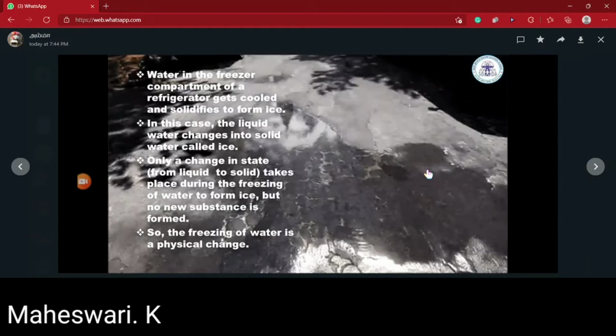In this case, the liquid water changes into solid water called ice. Only a change in state takes place during the freezing of water to form ice, but no new substance is formed. So the freezing of water is a physical change.